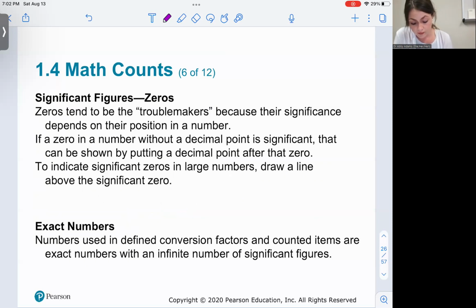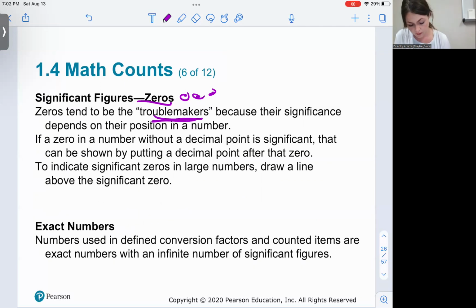So significant figures usually become problematic for people in the context of zeros. Those are the troublemakers. Even the Pearson textbook admits that these are the troublemakers. If a zero in a number without a decimal point is significant, that can be shown by putting a decimal point after that zero.